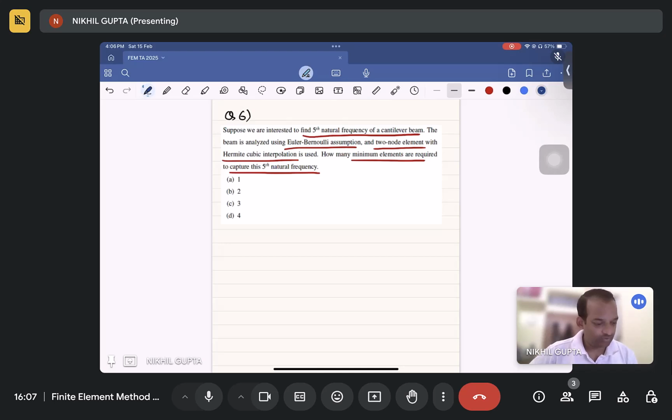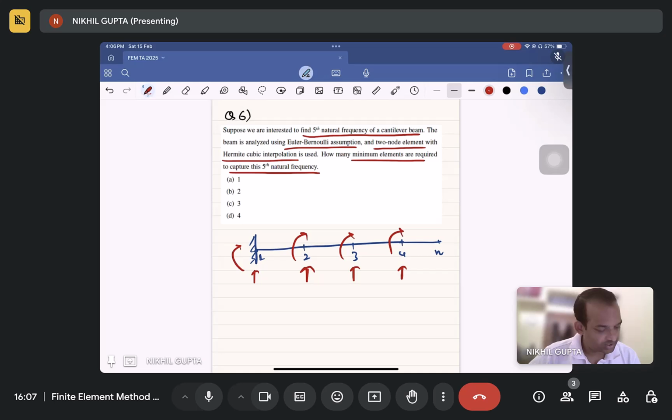So now let us assume a cantilever beam like this. So one node, two node, three node, four node, or let's say it's n node. For a beam, each node will have two degrees of freedom, and at n also it will be like this. So now you have n elements here.